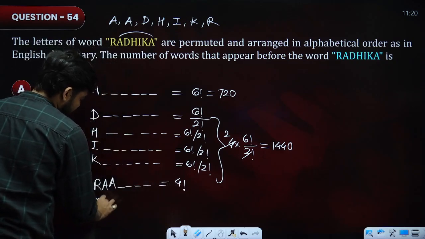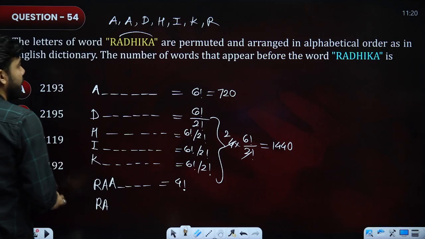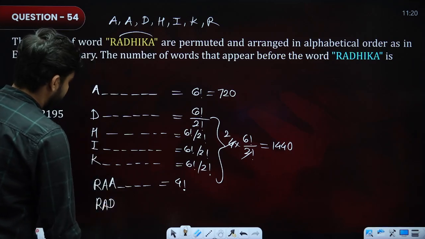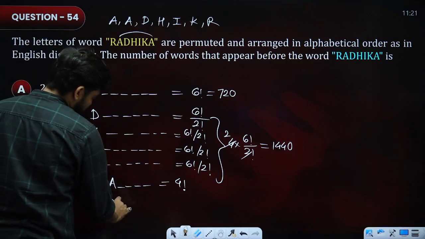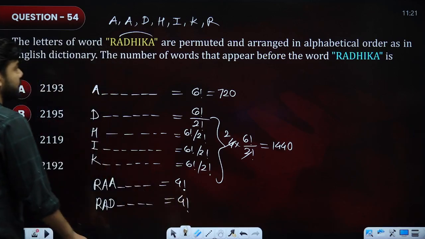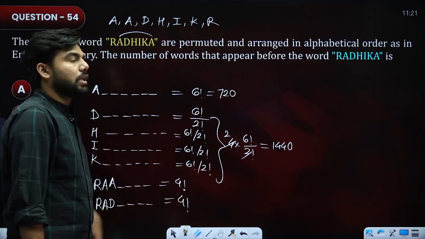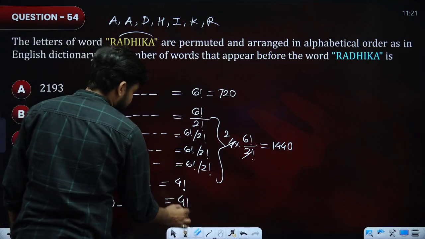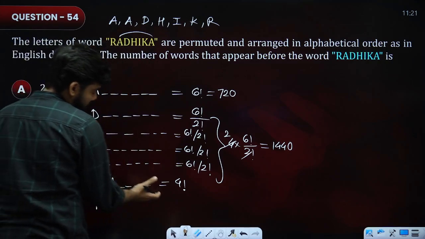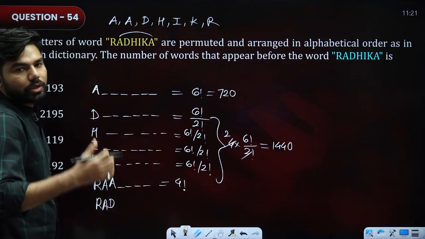So after A, in the third position, we have to take D over here. Now in that case also we have 1, 2, 3, 4 spaces. So this is 4 factorial, and Radhika belongs in between this. Now we need to take all the words in between this 4 factorial, which means 24 words.